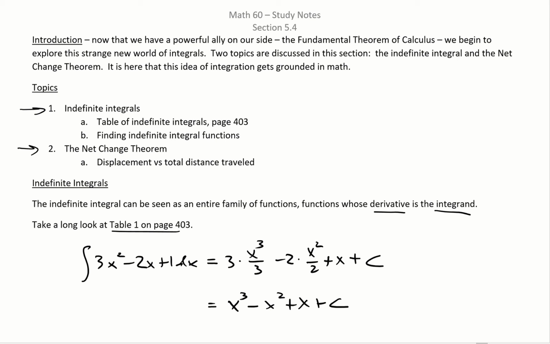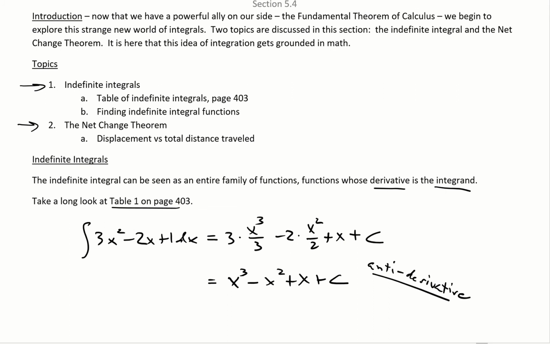Back in section 4.9, we called this the antiderivative, going the reverse direction, the antiderivative. But now instead, we're going to say that this, and I'll put this down here again like so and make a sentence out of it, this guy right here is the indefinite integral.